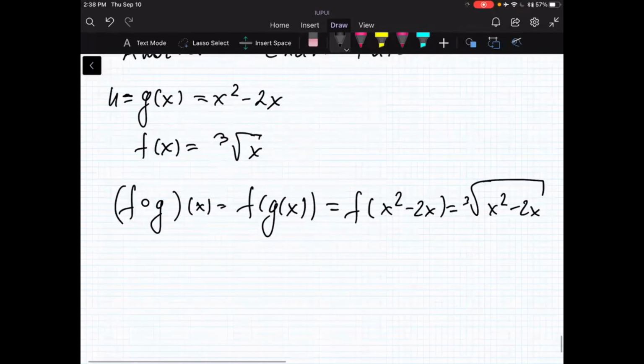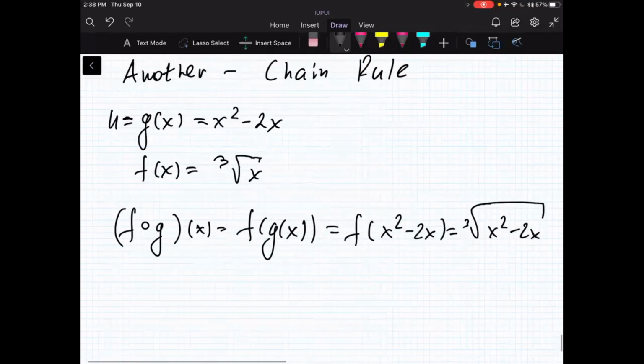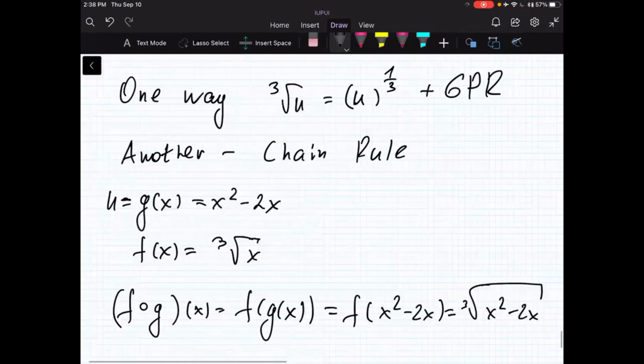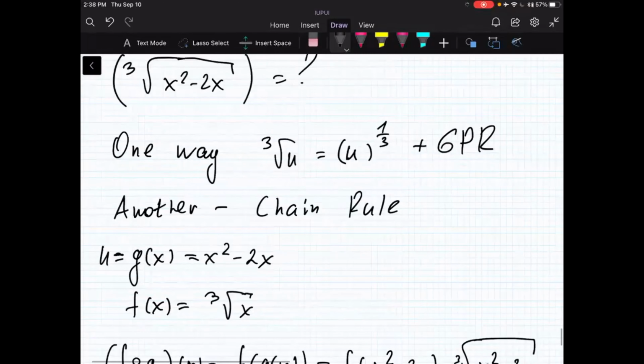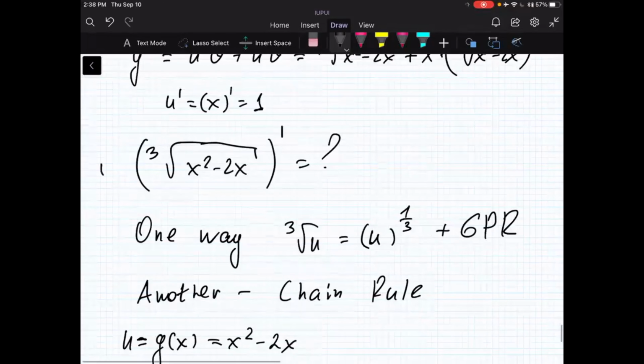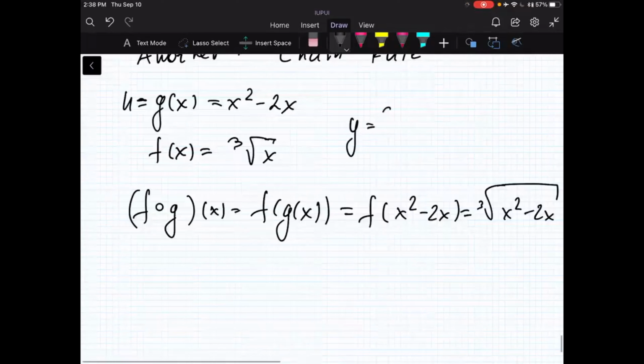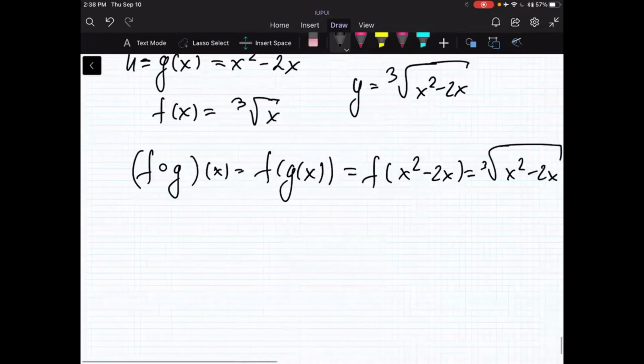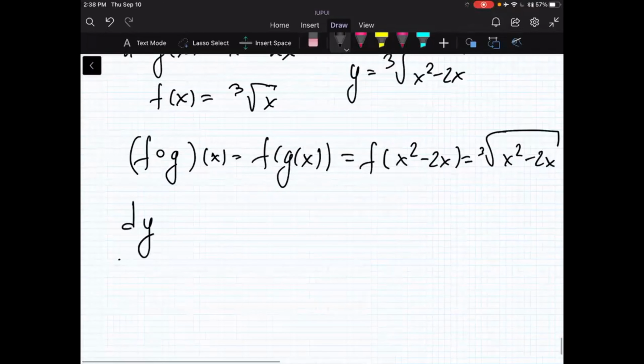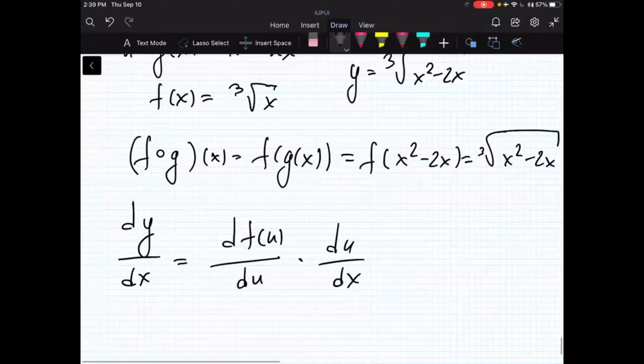Okay, so we can apply the chain rule. If we call this root y, so y is the third root of x squared minus 2x, then by the chain rule, dy over dx will be df evaluated at u, divided by du, times du over dx.